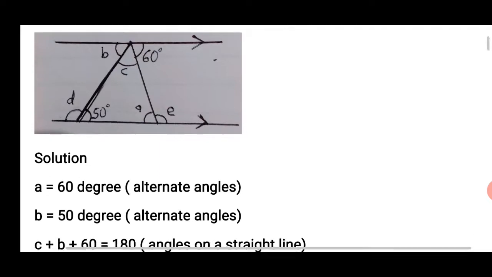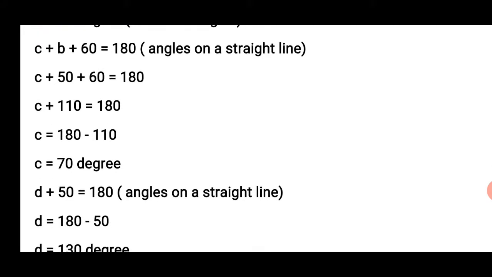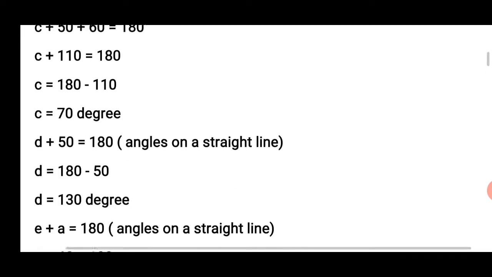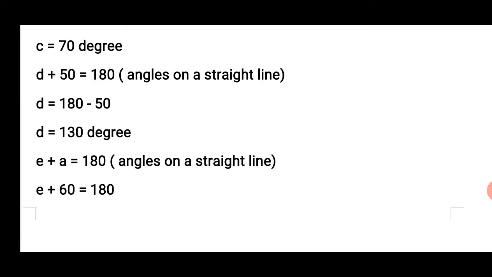So D plus 50 will give us 180 degrees, and we are going to put our reasons inside brackets. D plus 50 is equal to 180, angles on a straight line. Now transfer 50 to the other side of the equation. It changes to negative. So our D is equal to 180 minus 50. So D is equal to 130 degrees.